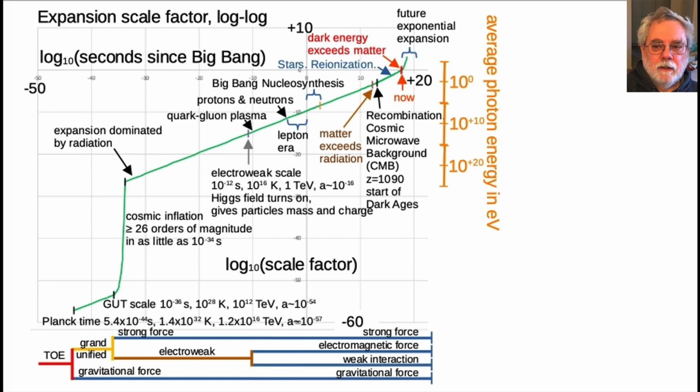Physicists believe that the symmetry breaking at 10 to the minus 36 seconds that split the strong nuclear force and the electroweak interaction may have created topological defects, which could not be created thereafter at lower temperatures.